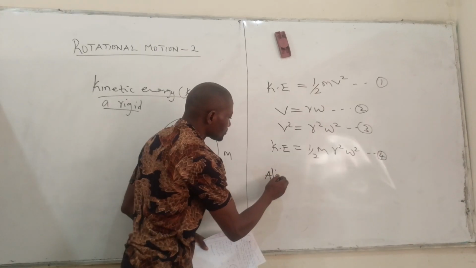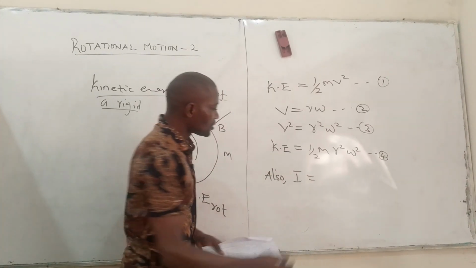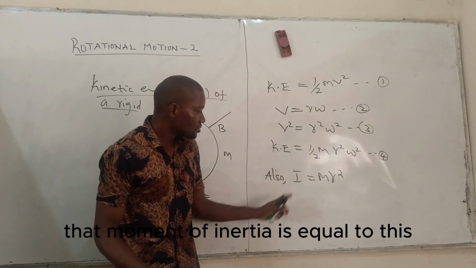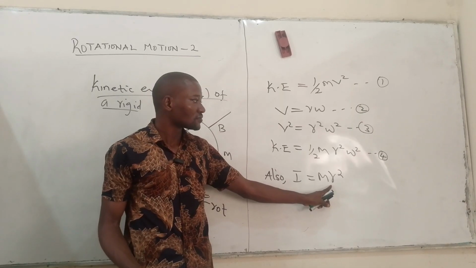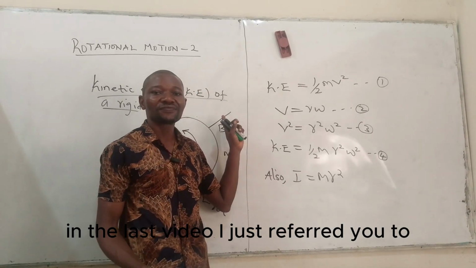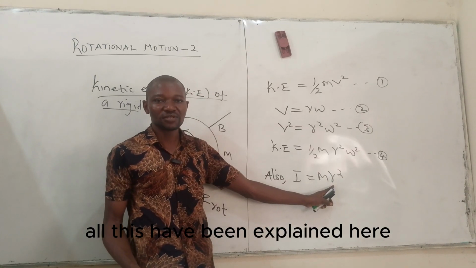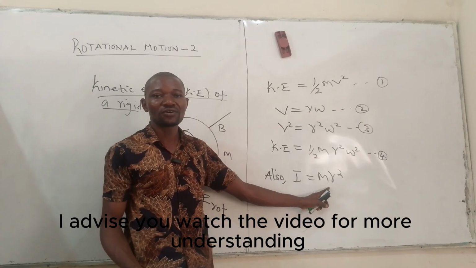Also, we have established that moment of inertia is equal to this. In the last video I just referred you to, all these have been explained. Please, I advise you to watch the video for more understanding.